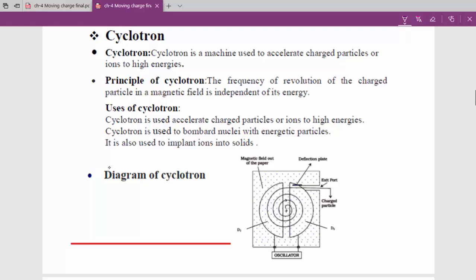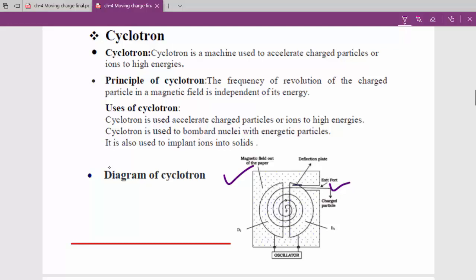Who is giving this high energy to the charged particle? That is the systematic arrangement of the cyclotron. You can see in the diagram where the charged particle moves inside the cyclotron, and in this period the charged particle experiences both electric and magnetic force. With the combined effect of electric and magnetic forces, the charged particle comes out from this exit port with high energy.